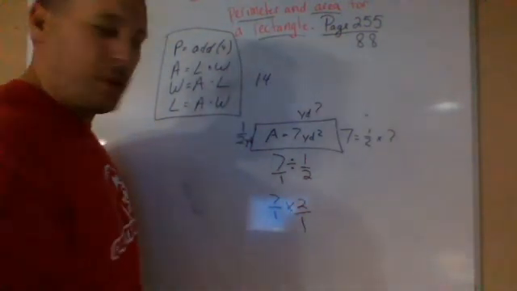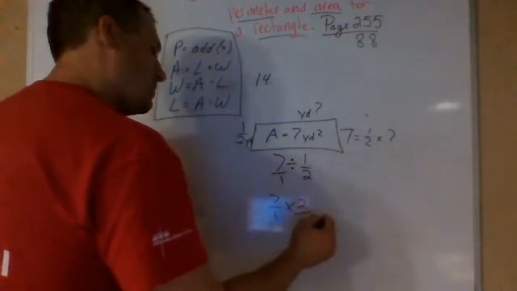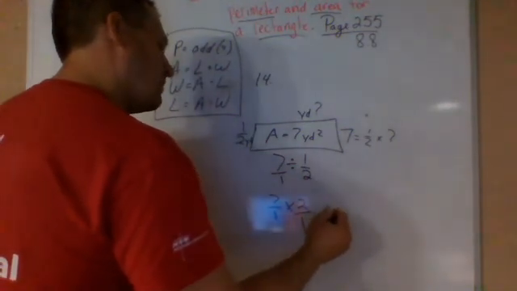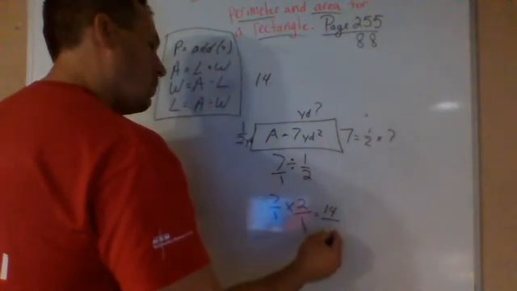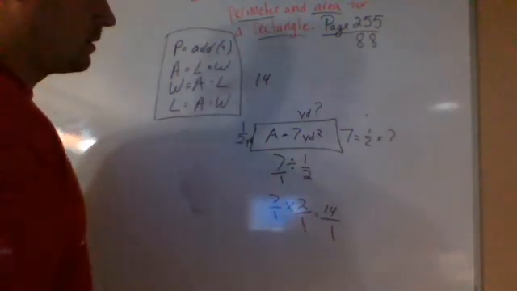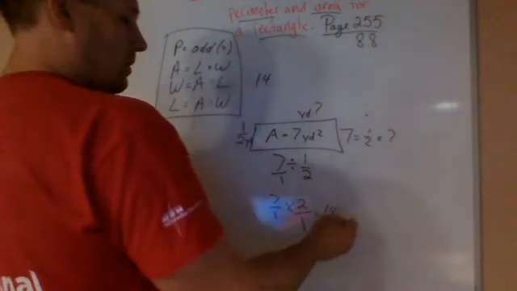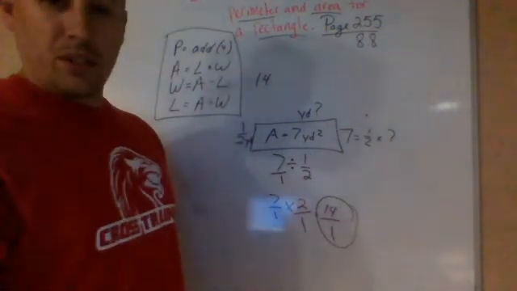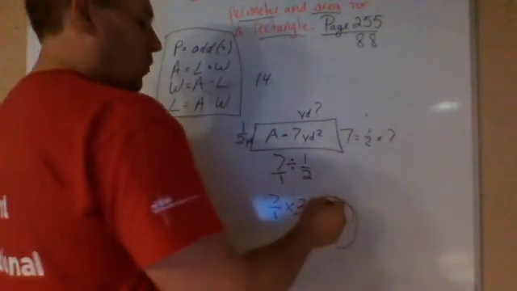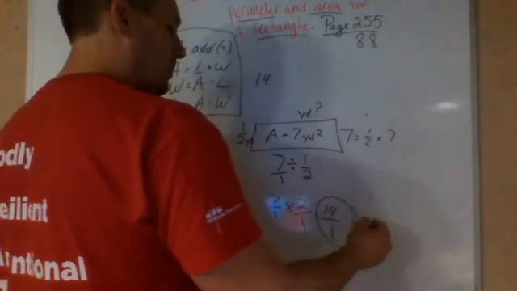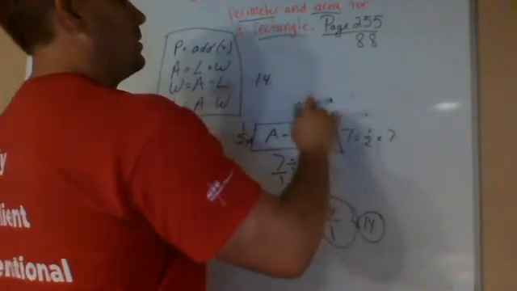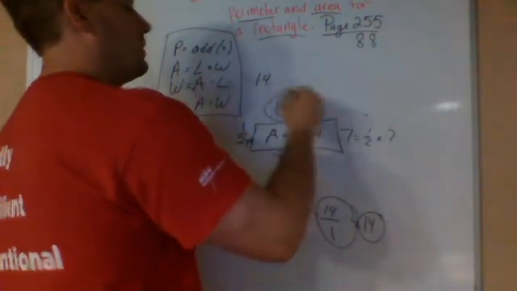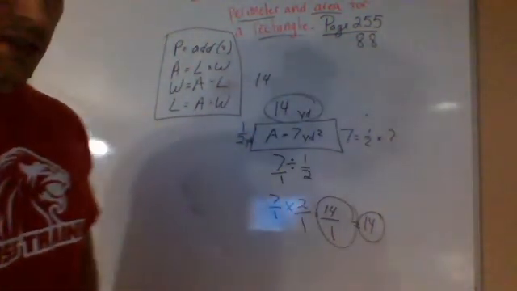So then 7 times 2 is 14. 1 times 1 is 1. So I get 14 over 1. 14 over 1 can't stay that way. 14 divided by 1 equals 14. So we know that the length of this is 14 yards.